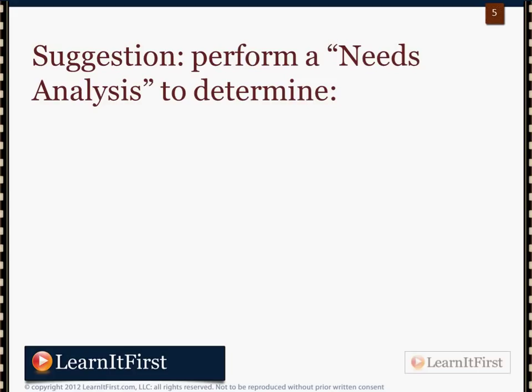Now, number 1. Oh, well, before we get into number 1, let's talk about how you uncover some of this information. Right, so I think it's pretty common in the workplace today to use this term needs analysis, right? You perform a needs analysis to figure out things like, what are our current needs?